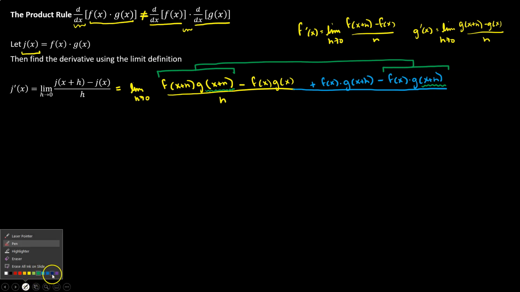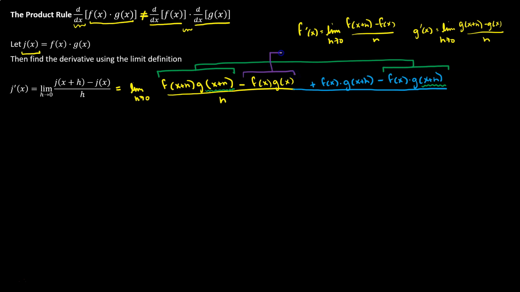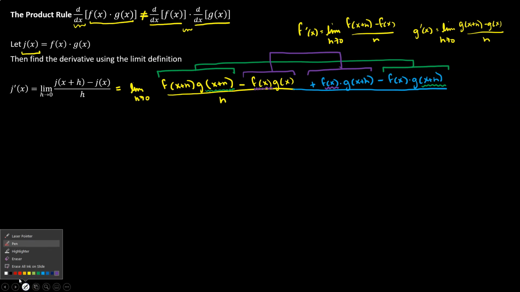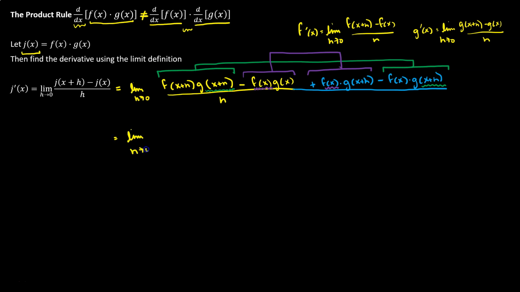And then the other two terms in our numerator, I'm going to pair those ones up as well. And notice that they have a common factor. They both have the f of x as a factor. So I'm going to group these and write them all out so that it'll be easier to look at.